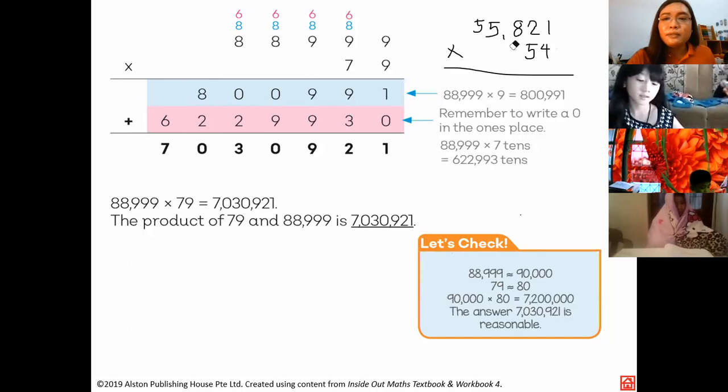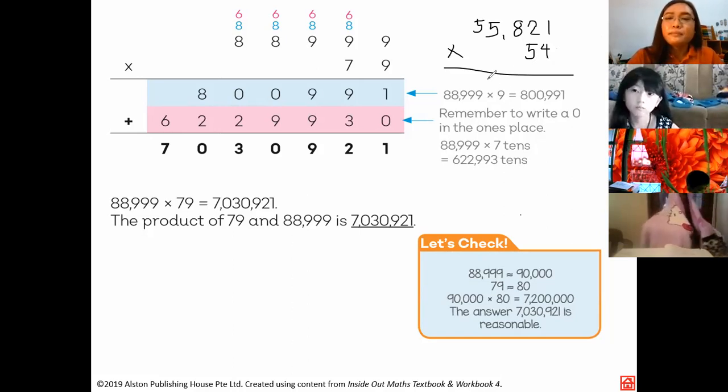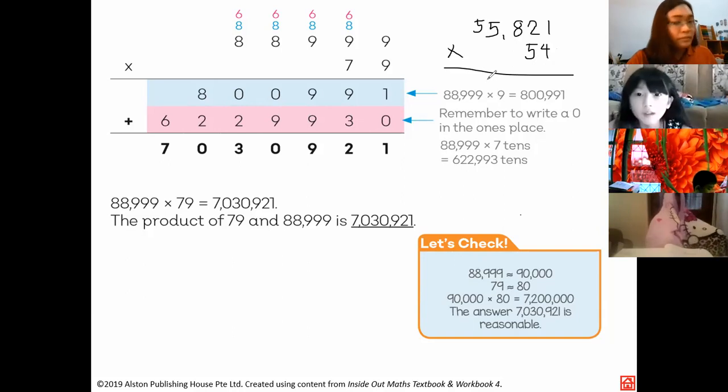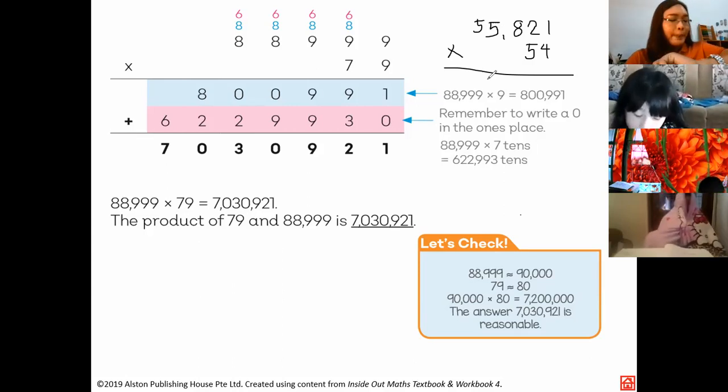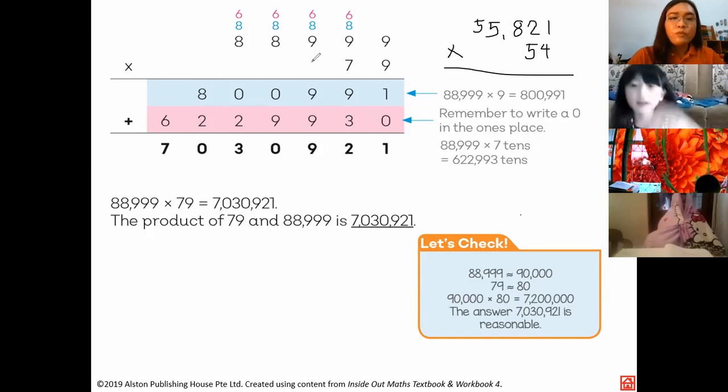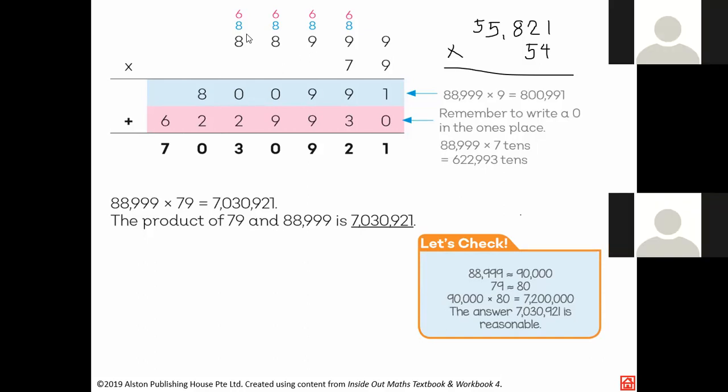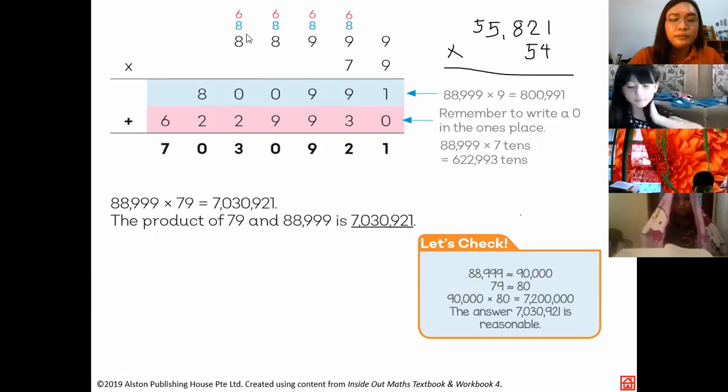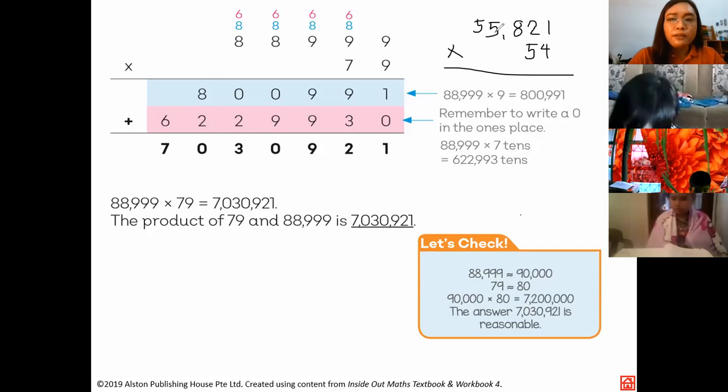What is the answer? Calculate this one. 55,821 multiplied by 54.